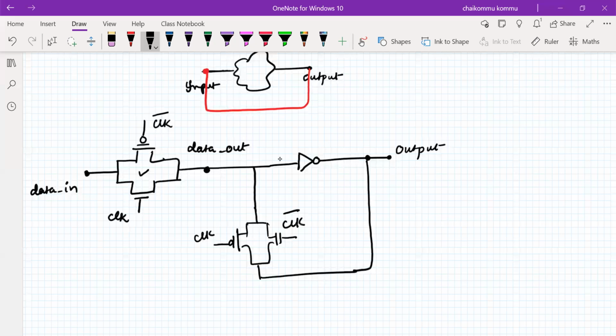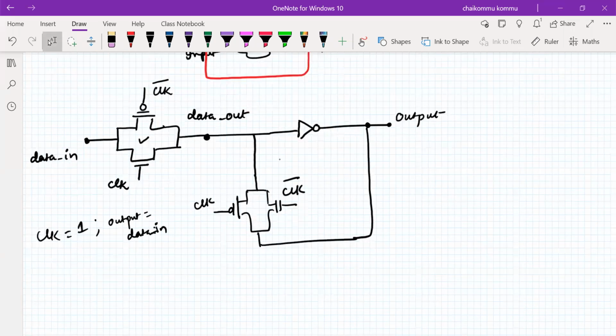Please observe. When the clock signal is equal to 1, for example, output is equal to data in. So during this time, what is happening here? Data in. During this time, what is happening? Feedback path is disconnected.